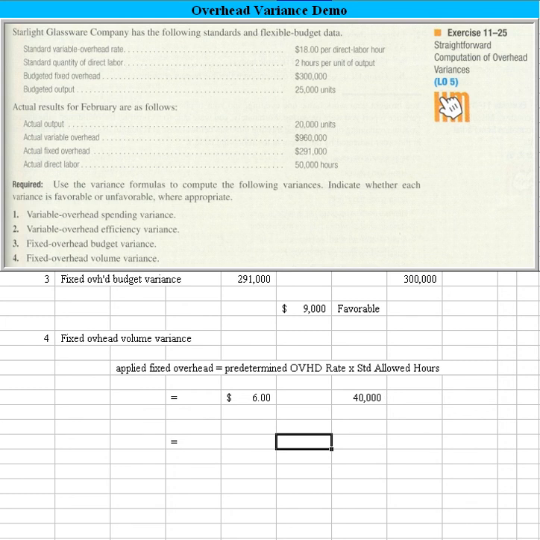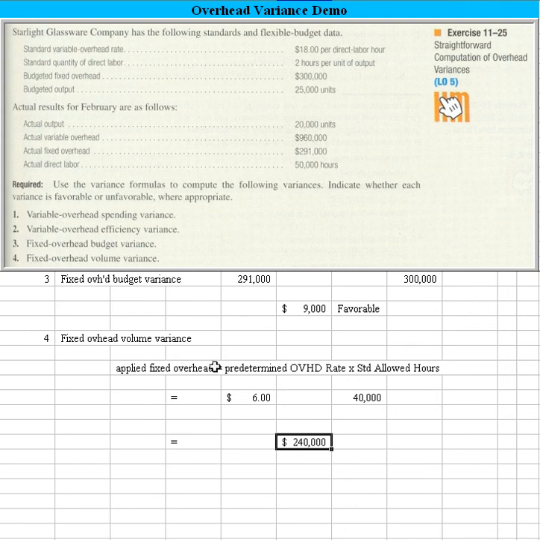So we take that predetermined overhead rate times the standard allowed hours, and we come up with $240,000, which is our applied fixed overhead.